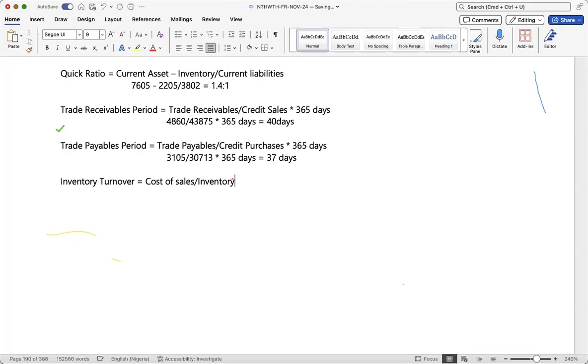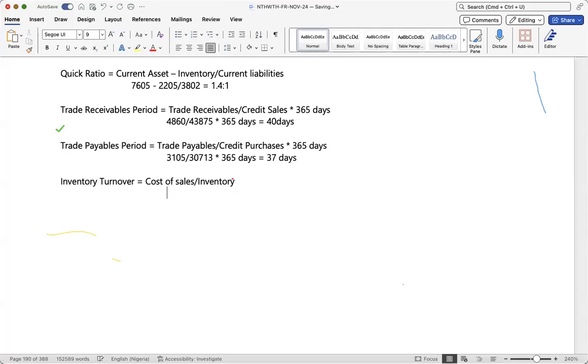So there won't be 365 days there, because they said inventory turnover. That one is different from inventory turnover period, which is inventory over cost of sales. So inventory turnover is the reciprocal of that, which is what you're finding on the board.